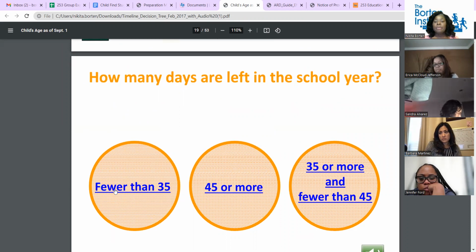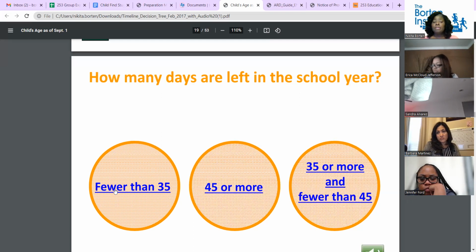Hypothetically, if we count from Monday, when you go back to work after Easter, all the way through to May 30th or whatever, if we count only the instructional days, you may see that you only have 20 days left in the school year, or 28 days left, or 31 days left in the school year.